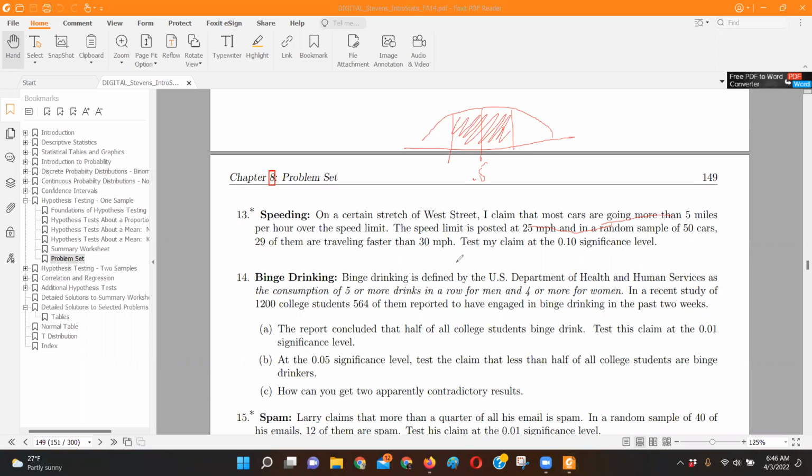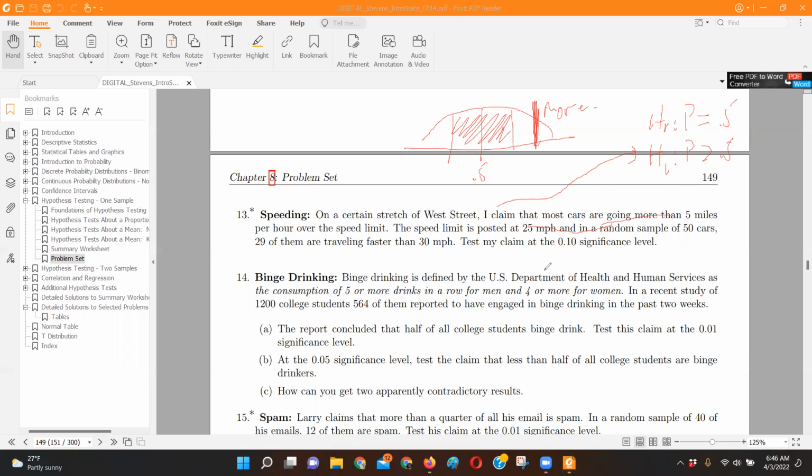But he's claiming that most are going more, so more than 50% of the cars are speeding. The null hypothesis says no, that's not the case, it's just due to sampling variation. And the alternative hypothesis, the research hypothesis, is whatever he is claiming.